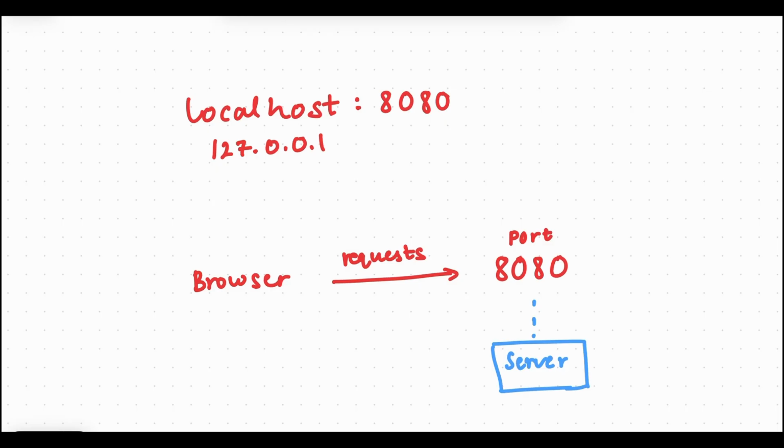So now when you press enter after typing localhost 8080, several things happen quickly. The browser resolves localhost to the IP address 127.0.0.1 and then sends a TCP request to port 8080. The operating system checks whether any program has been bound to that port.